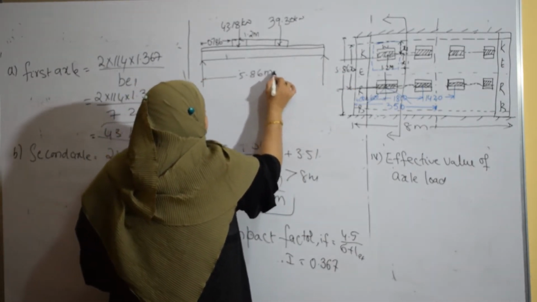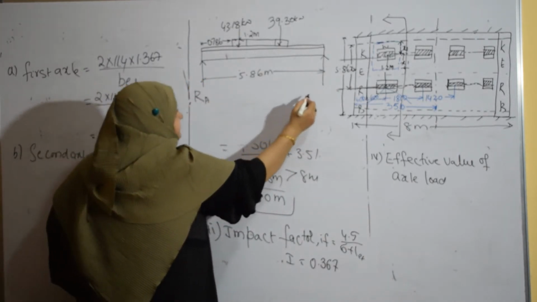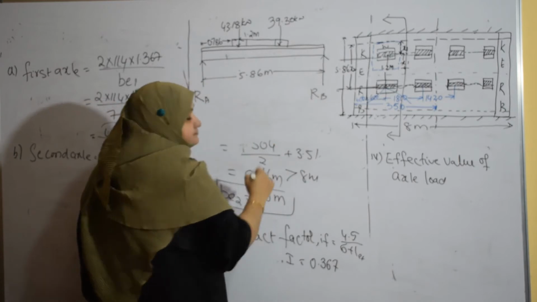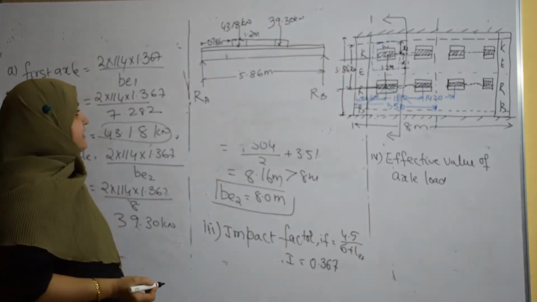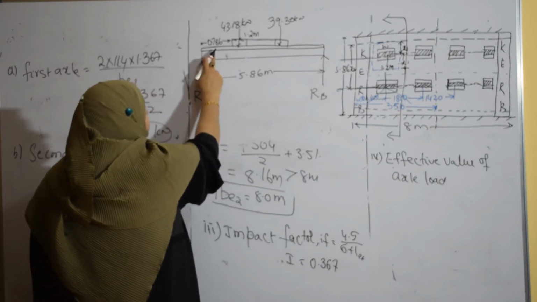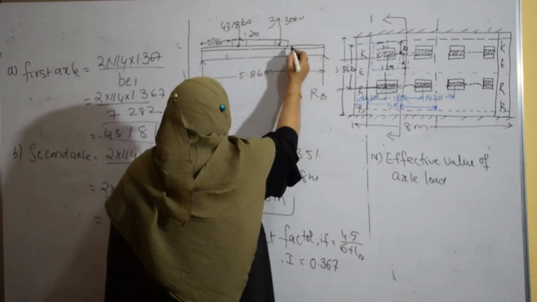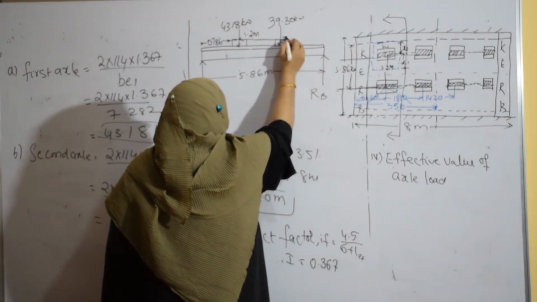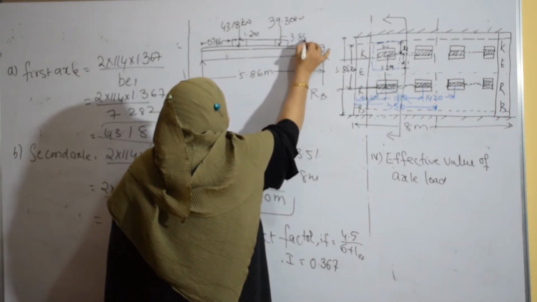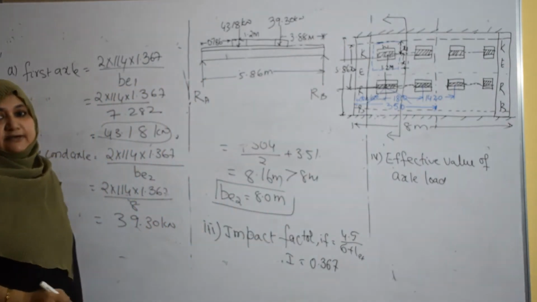If I label them, this is reaction RA and this is reaction RB, or you can say VA and VB. Out of 5.86, 0.786 has gone here and 1.2 has gone here, so the remaining leftover is 3.88 meters. So this is how your free body diagram is ready.